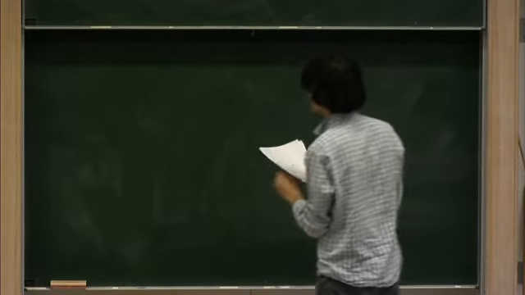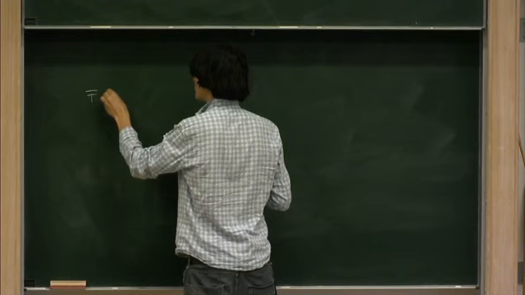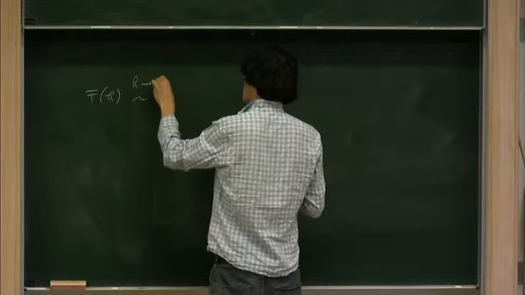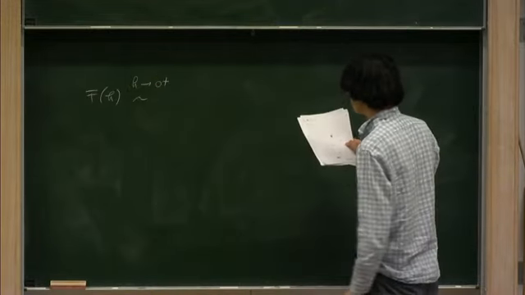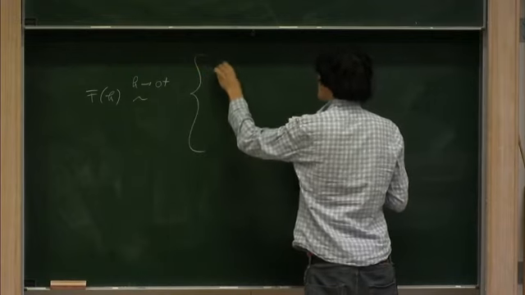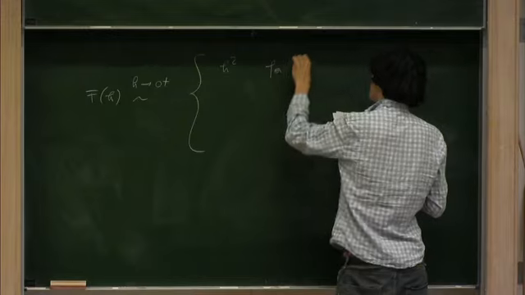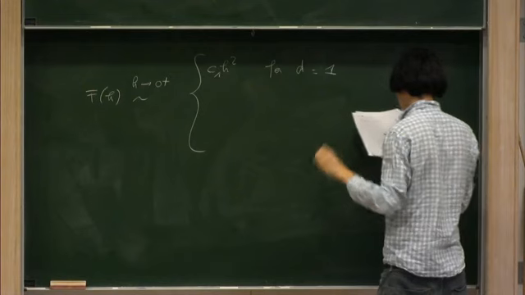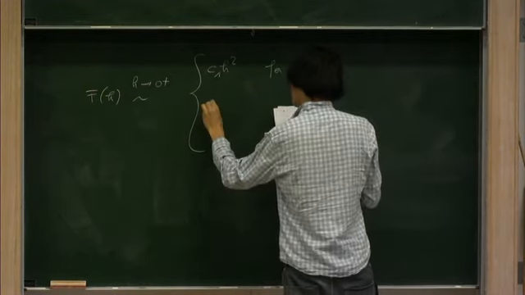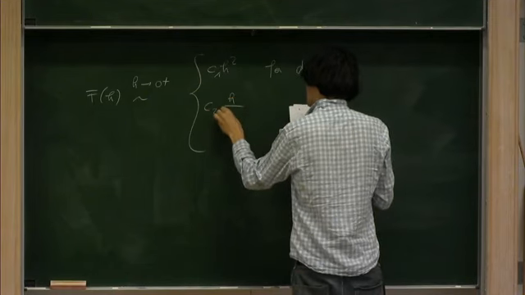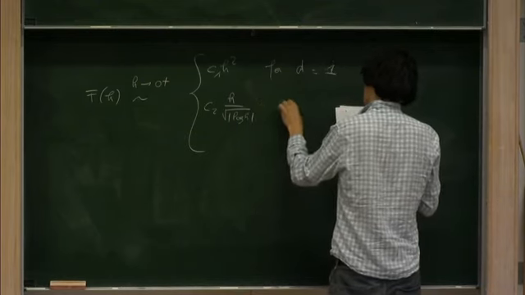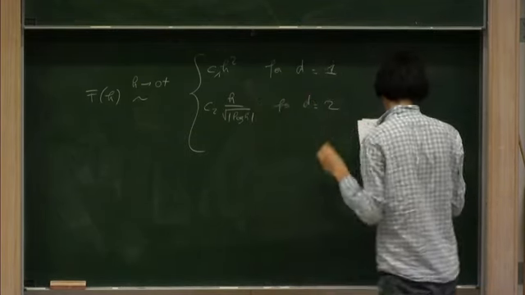And if you look at the behavior of f(h) at the right of 0, it behaves like h squared for d equal 1, like h over square root of log h for d equal 2, and like h for d equal 3.